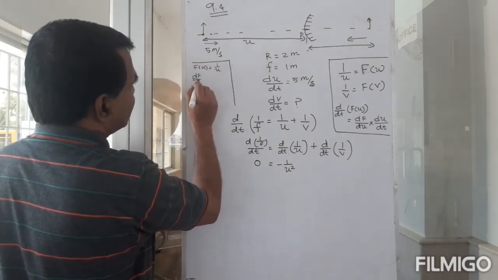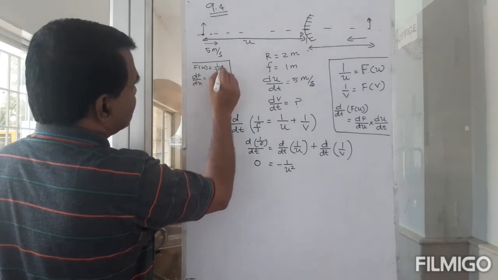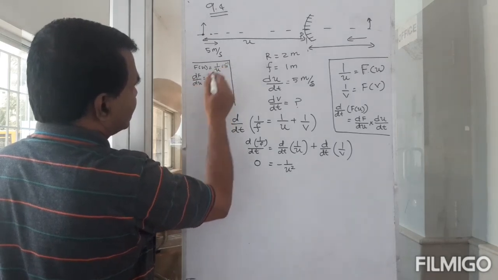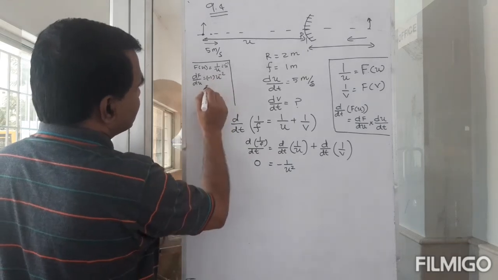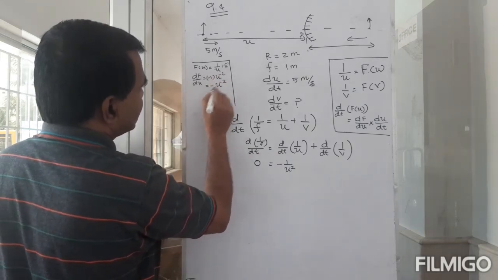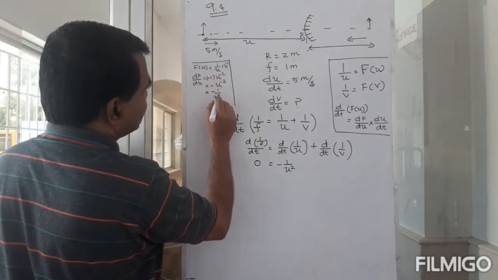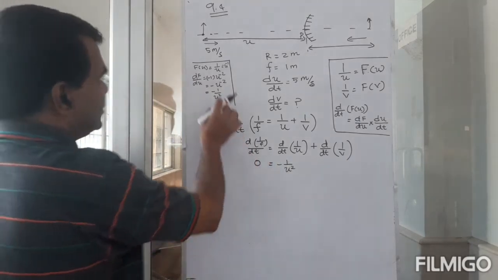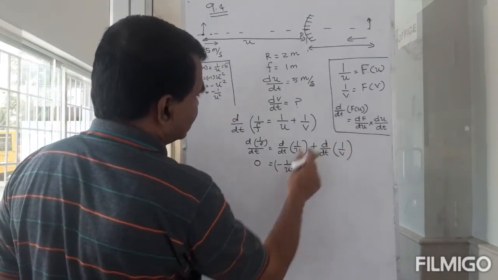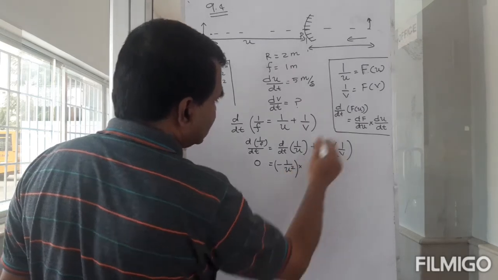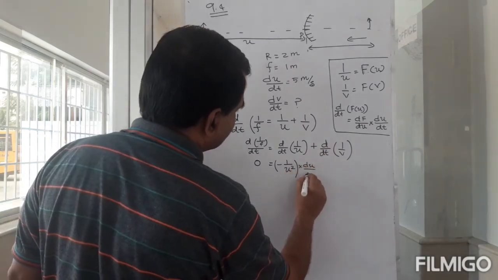Then df by du is equal to differentiating u to the power minus 1, which gives minus 1 times u to the power minus 2. So it will be minus 1 by u squared. That is my df by du, and I need to multiply that with du by dt.